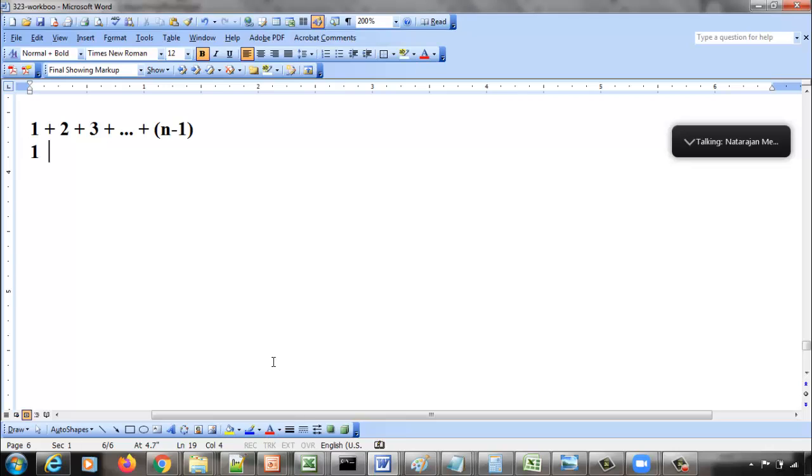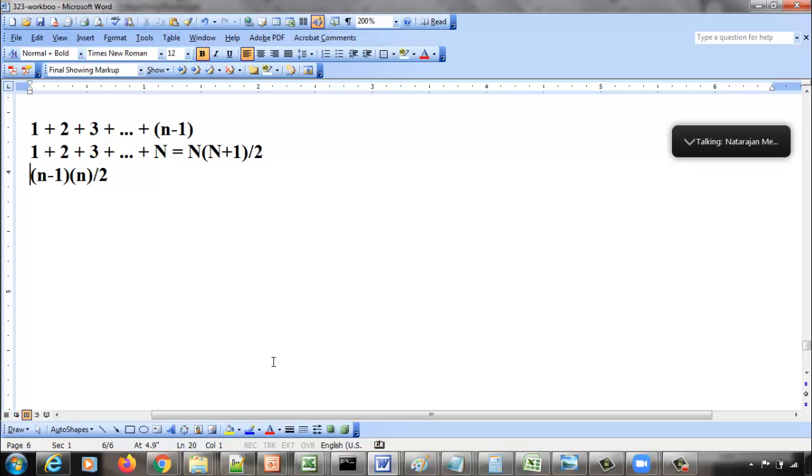Think about this like 1 plus 2 plus 3 up to n, which is going to be n times n plus 1 over 2. Instead of capital N, you have n minus 1, so it's n minus 1 times n minus 1 plus 1 over 2. So this is the worst case number of comparisons.